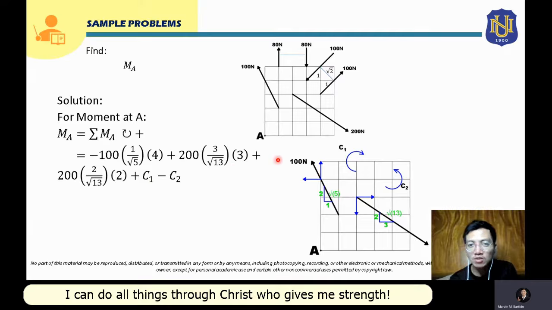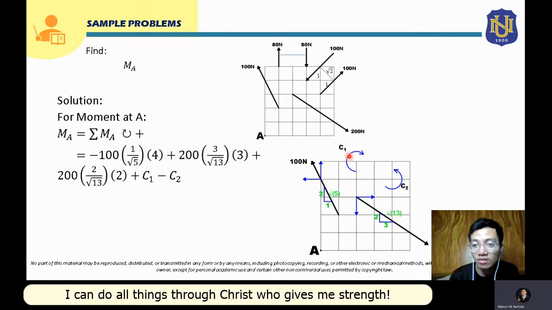And also, again, instead of taking the moment of the forces in the couple individually about point A, we can directly include in our summation the magnitude, or the value, of the couple. So your first couple is actually clockwise.